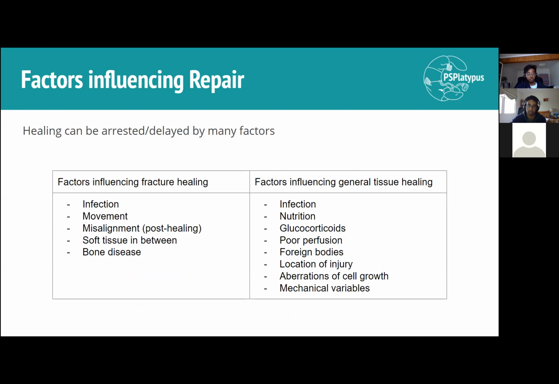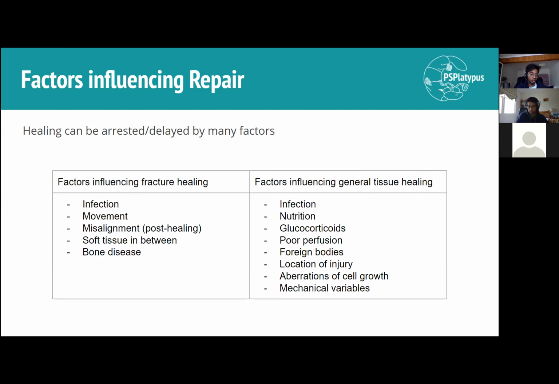All right, so factors influencing repair. There's a lot of situation-based factors that can influence how fast and how well the repair occurs. So for fractures specifically, infection is always a concern. Movement of the bone when repair is occurring, so we want to keep it immobile. Misalignment: if we do not keep it immobile, then it can heal back in a manner that we don't want it to, in a misaligned manner.